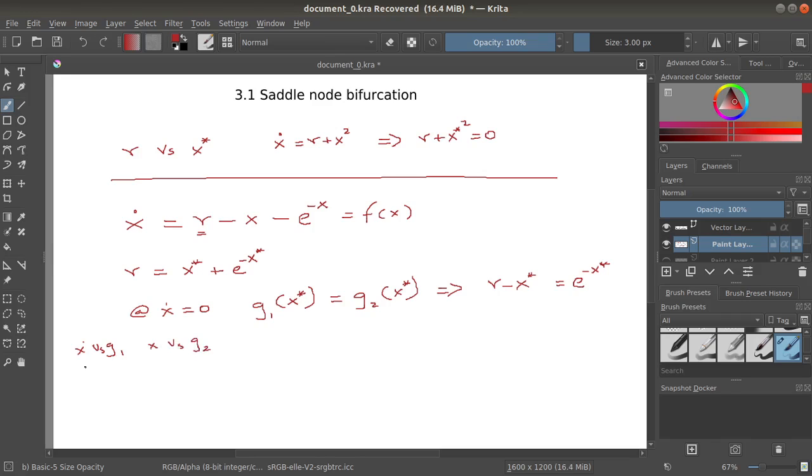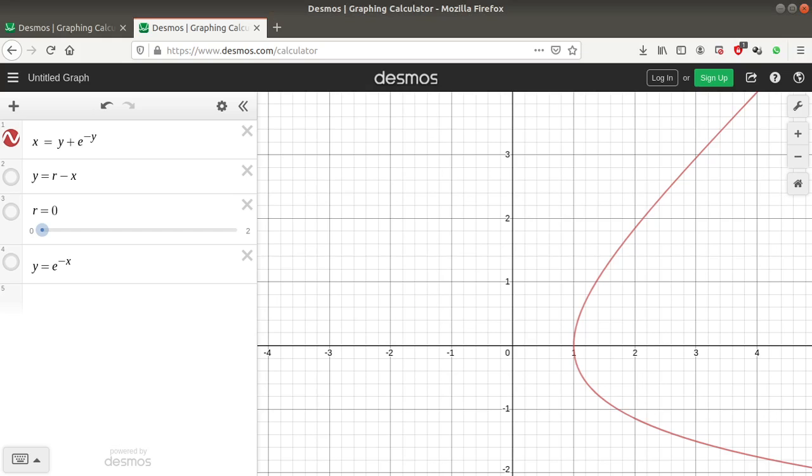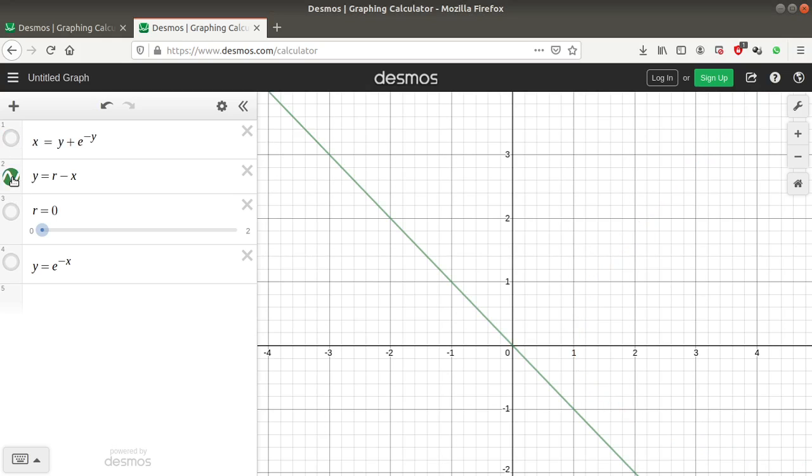When these two curves intersect, I get the fixed points. Let's plot these two functions. One is g1, and this is g2.